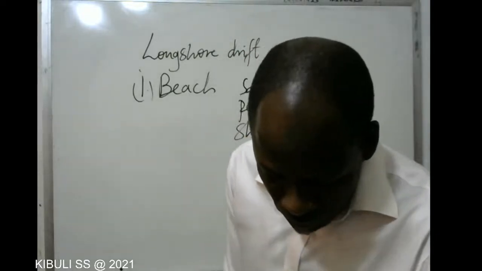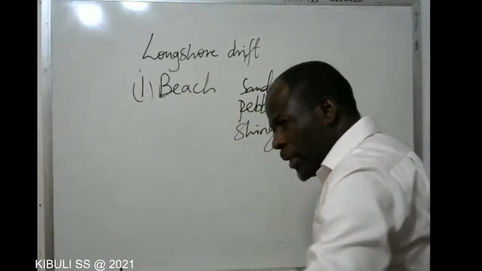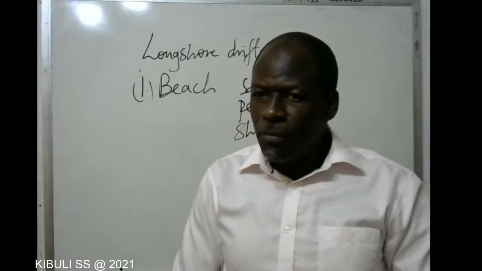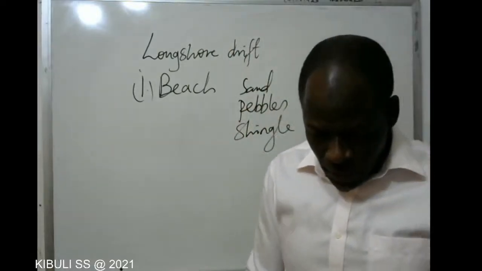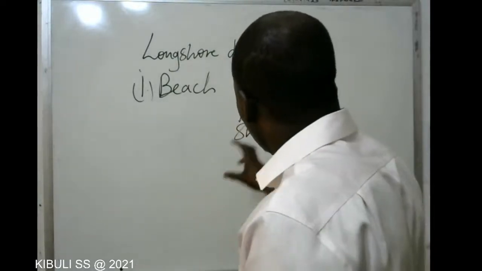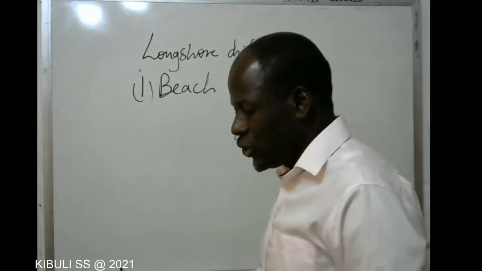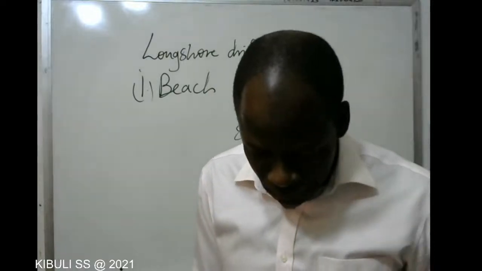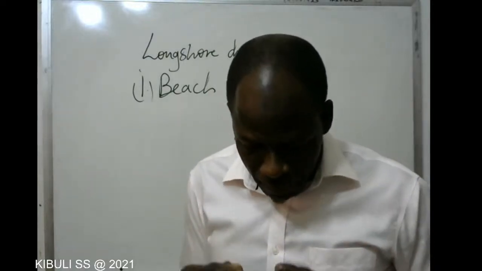So when these materials accumulate along the coast, then they form a platform, an area, a plain which is extensively covered by sand, pebbles and shingle, and therefore we refer to that area covered by those materials as a beach.